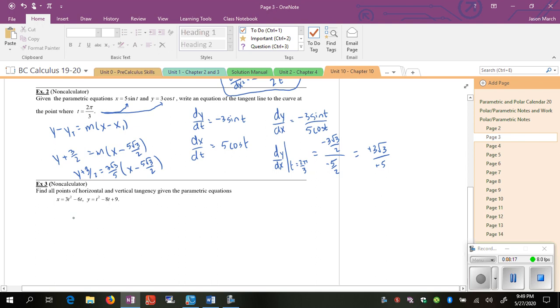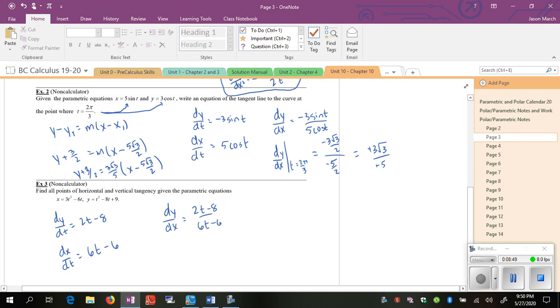So again, we'll find dy/dt, which is going to be 2t minus 8, and dx/dt is going to be 6t minus 6. And so dy/dx is going to be 2t minus 8 over 6t minus 6.